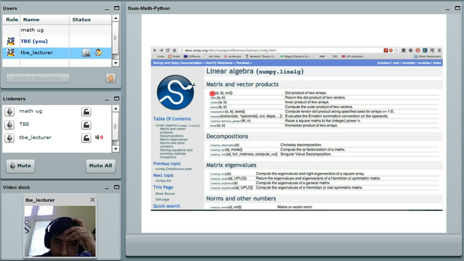So you can see that it does the dot product, the inner product, outer product, tensor products. Okay, it can do the cross product. It can do eigenvalues, eigenvectors. It can do a lot of things with regard to matrices. So now I'm going to use one of these modules in NumPy and SciPy to solve this problem again, to solve the system of the equations which I had before.